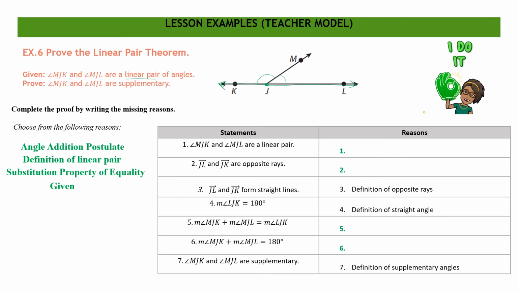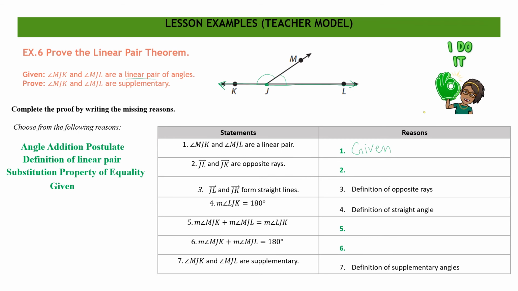Angle MJK and MJL are a linear pair. Well, we know that already to be true because that was given to us in the problem. The next statement, number 2, says ray JL and ray JK are opposite rays.